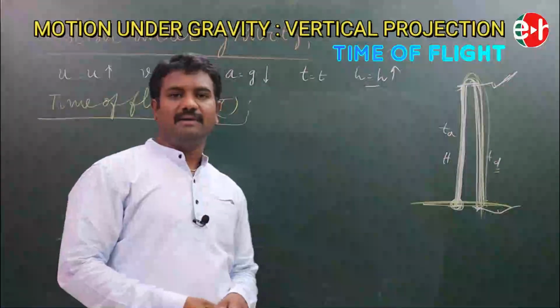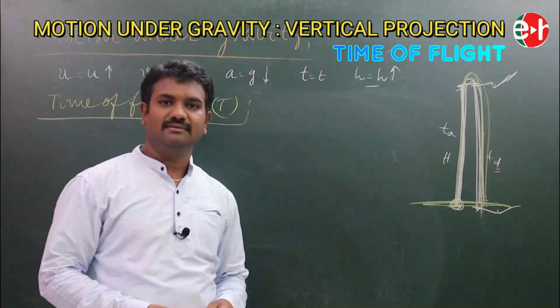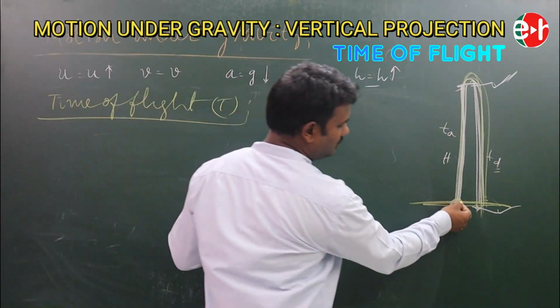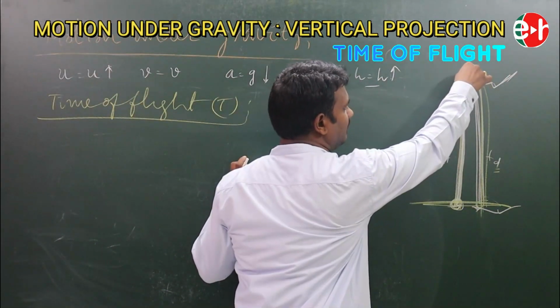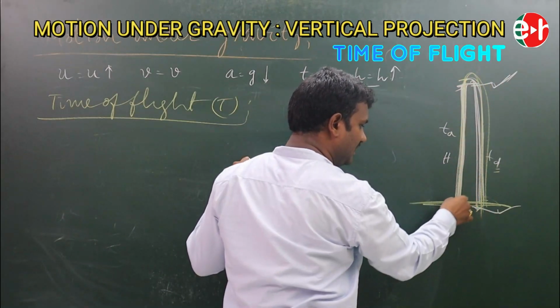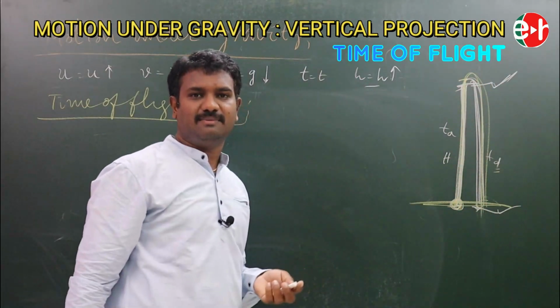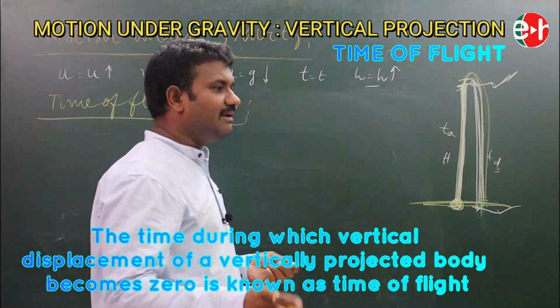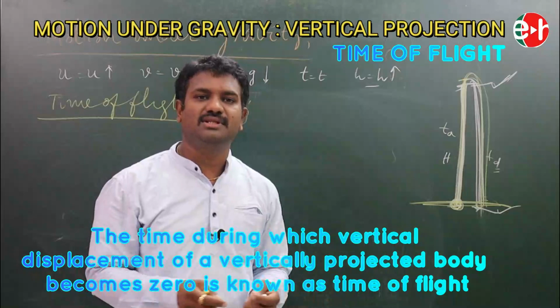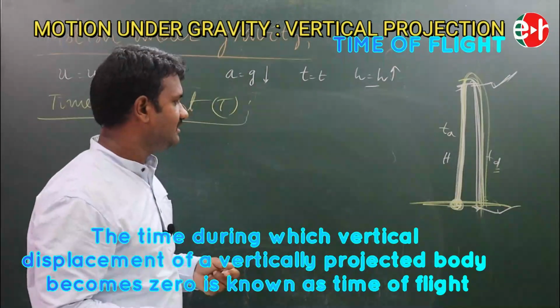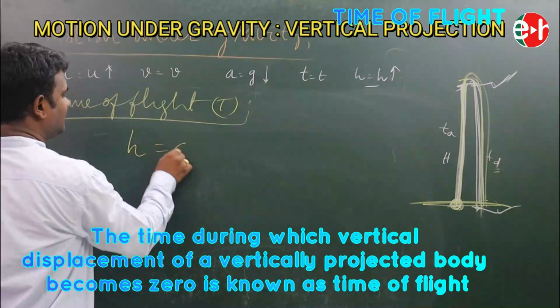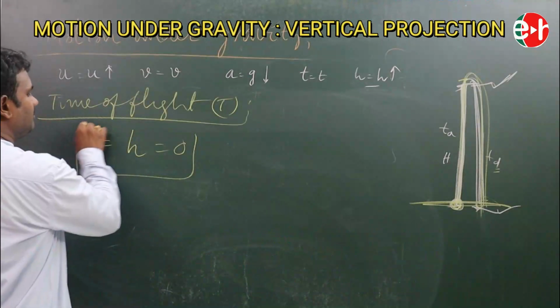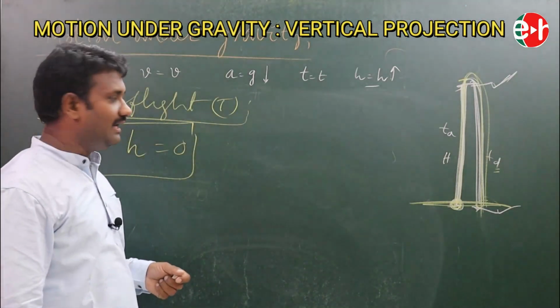The body is thrown from here, it reaches this point like this and it comes back again to the same point. What is its vertical displacement in this case? 0. So the time in which its vertical displacement becomes 0 is called the time of flight.